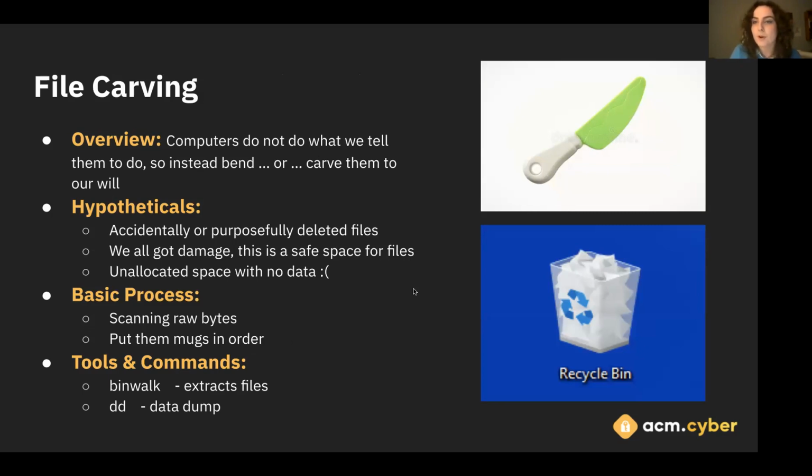The basic process of file carving is scanning the raw bytes and then putting the bytes in order using the headers and footers. Very useful tools for file carving would be binwalk or dd, where dd is data dump.